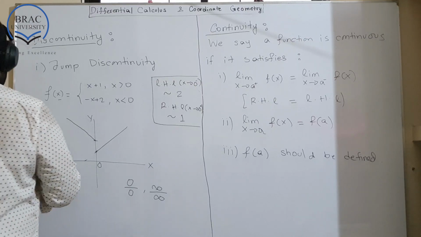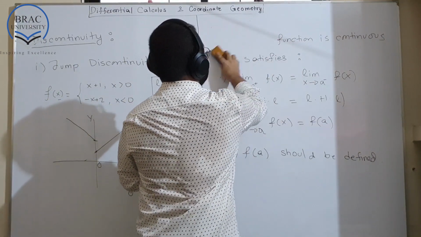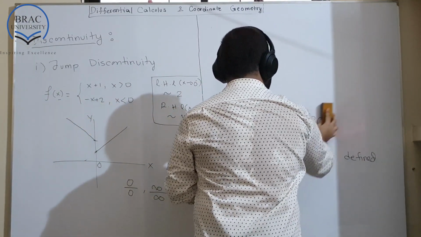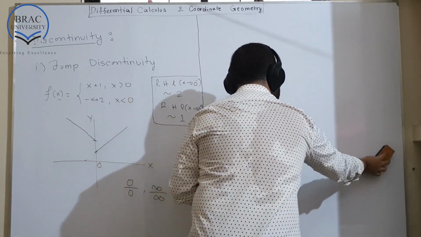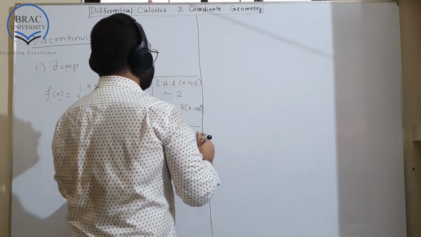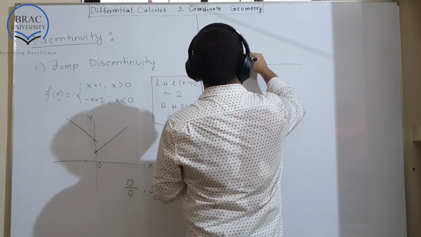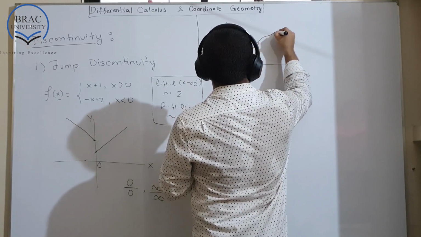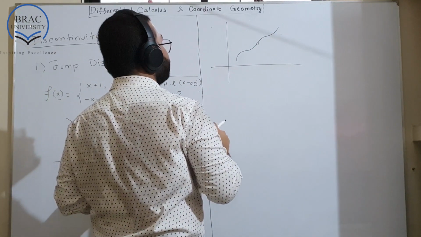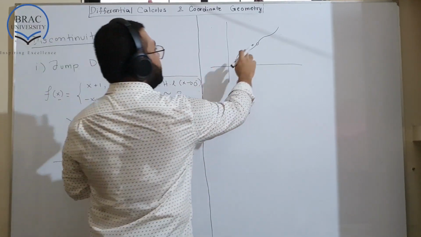The second case of discontinuity is something called removable discontinuity. This is something we learned in our first class. We saw the example, our first function of the course, something like this. This is a removable discontinuity. It's like the function is begging to get defined at this value.